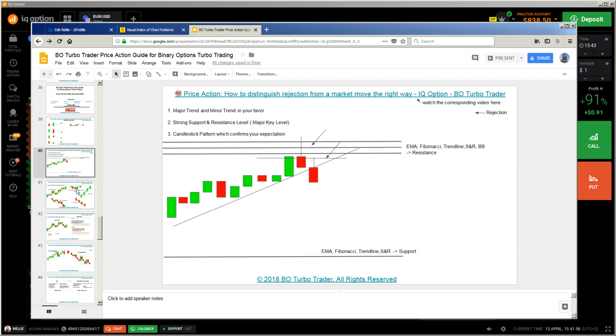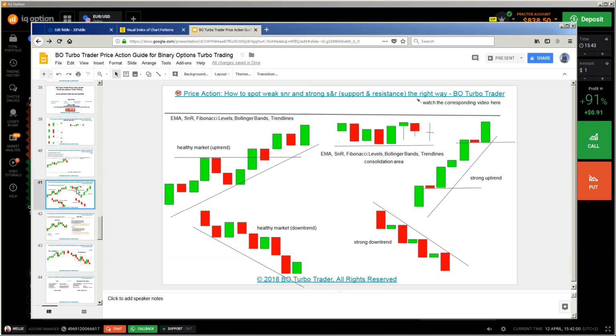Then this is one of the most important ones, in my opinion: the market condition. The market condition is really important because you cannot trade any kind of candlestick pattern in any kind of market condition. For example, candlestick analysis and price action in a consolidation area is risky because candlesticks are not behaving like they should.